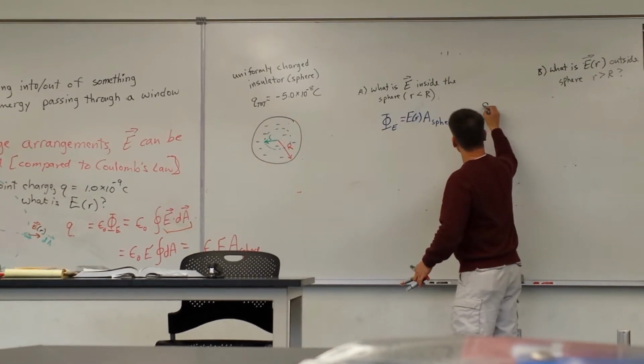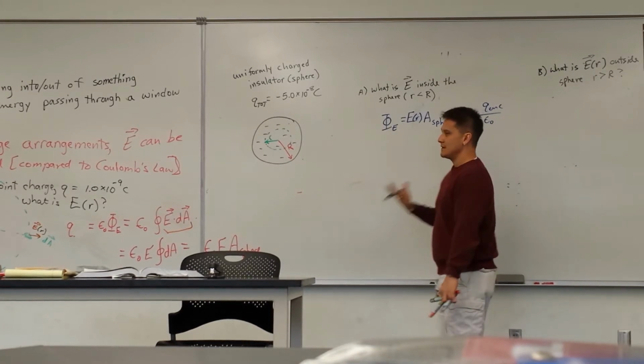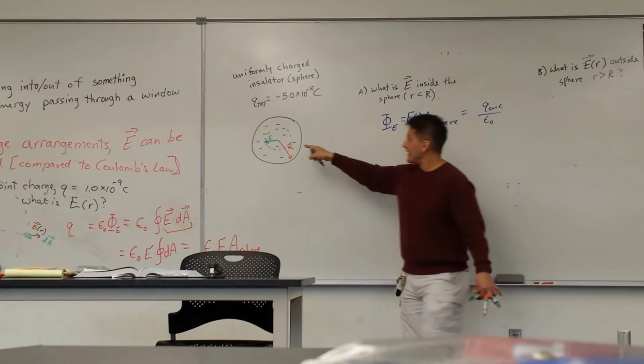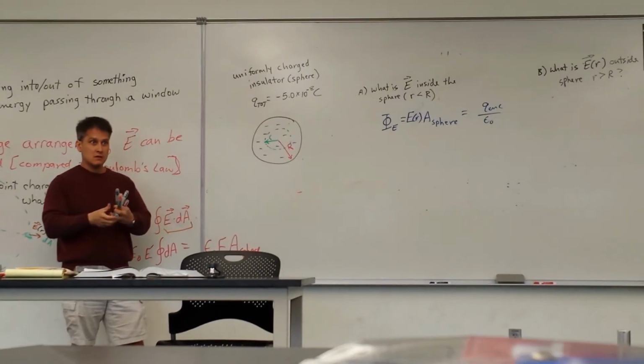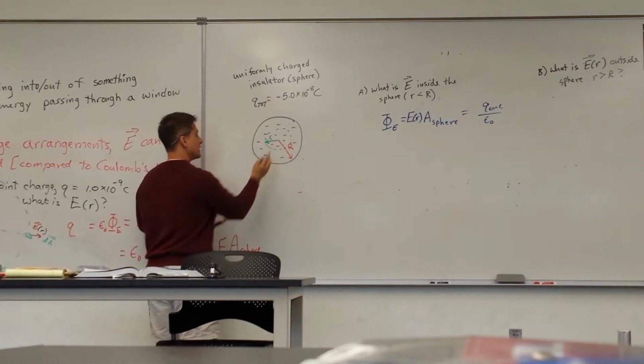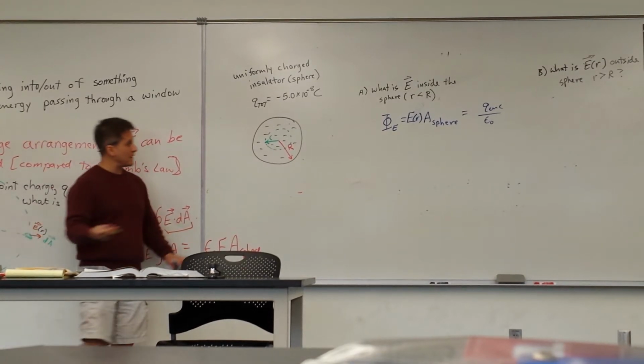This quantity is going to equal Q enclosed divided by epsilon naught. But we have a new consideration, because there's charge inside here. It's no longer 0 inside the sphere. So now I've got issues to deal with.